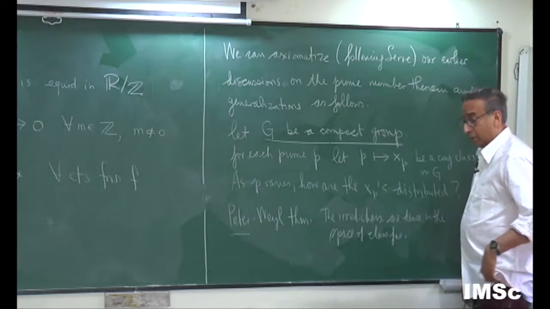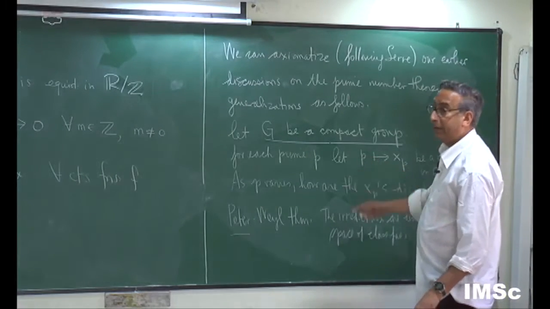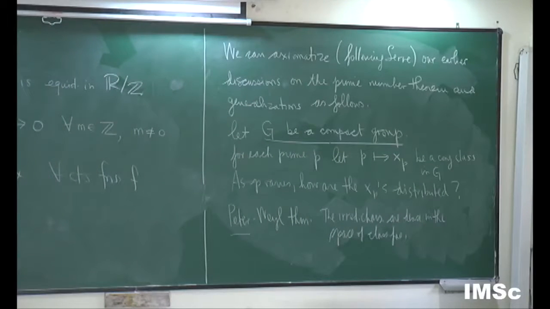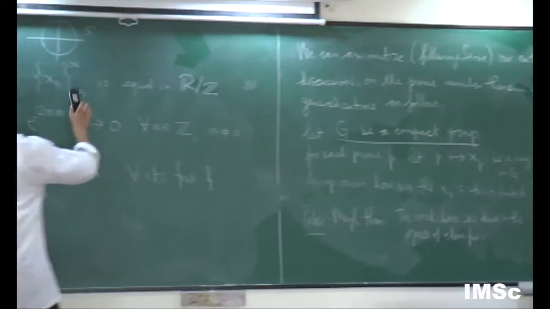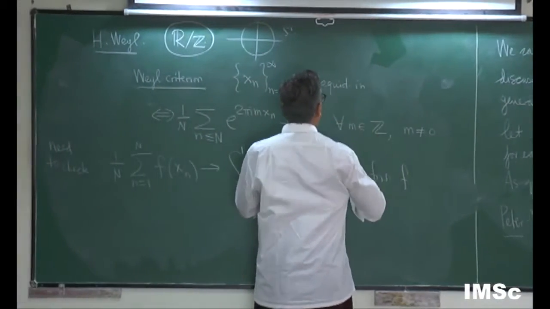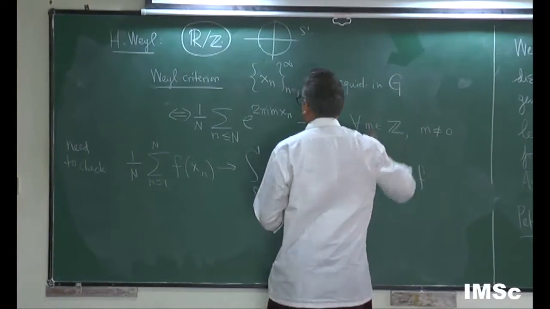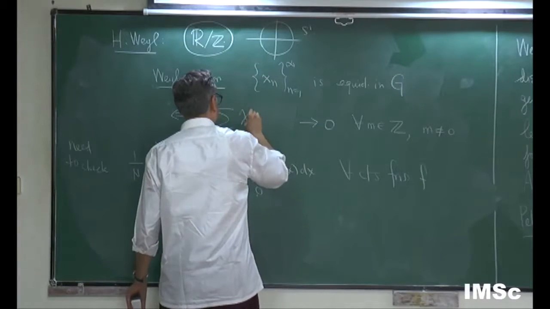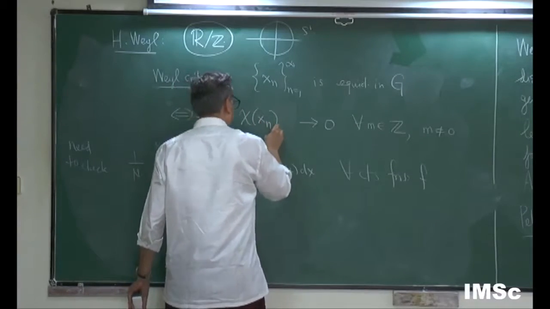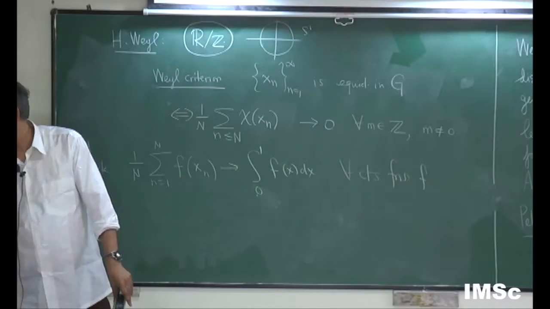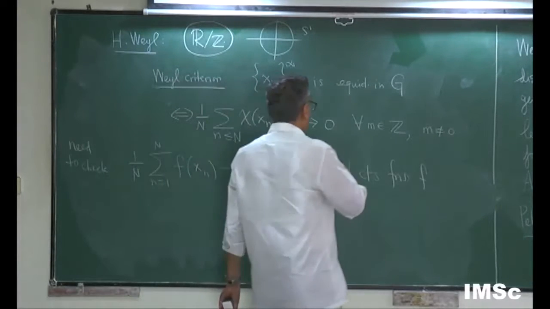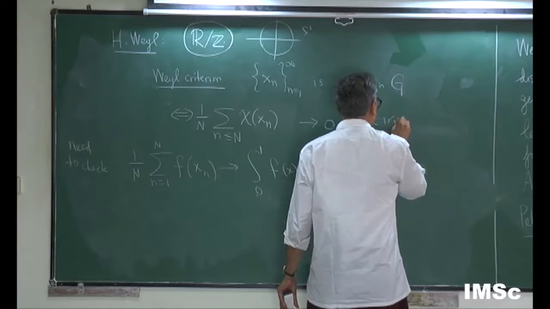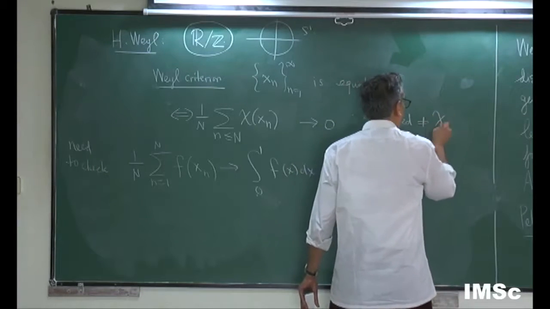And so the Weyl criterion for a compact group translates as, if I have a sequence of points, all I have to do is check. So if this thing is equidistributed in G, if and only if I take an irreducible character chi, and I show that it's equal to 0 for all irreducible characters not equal to the trivial character.